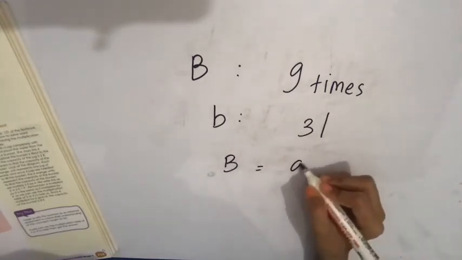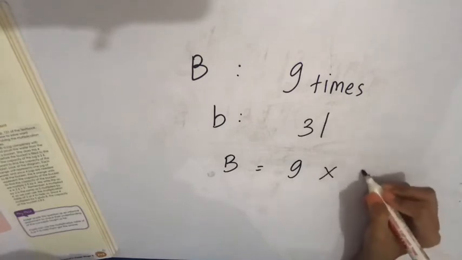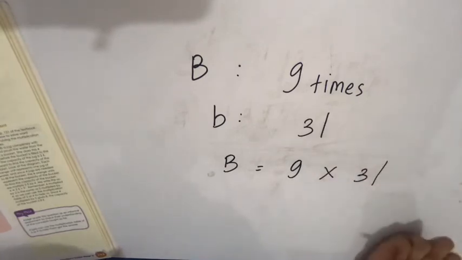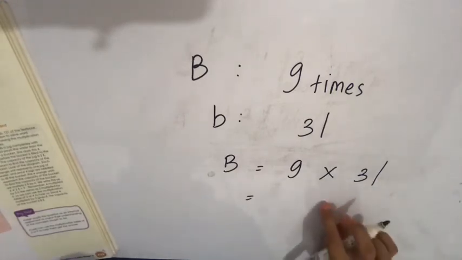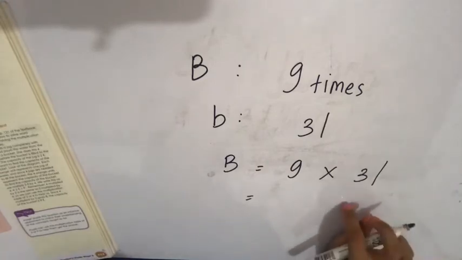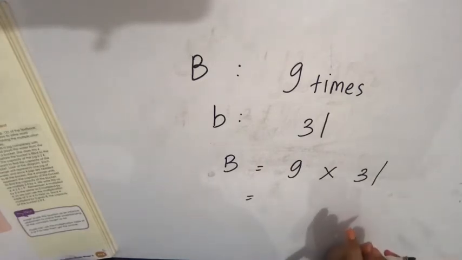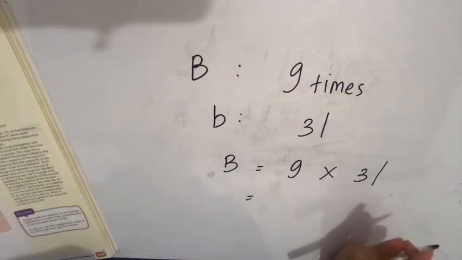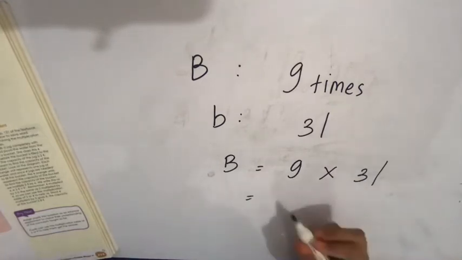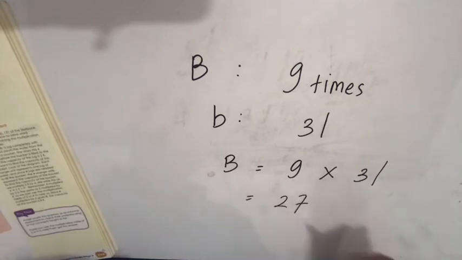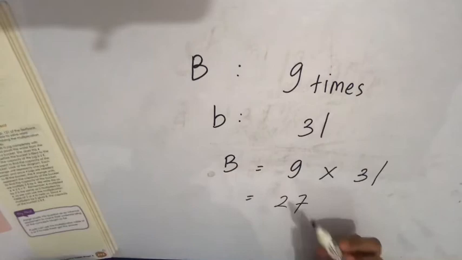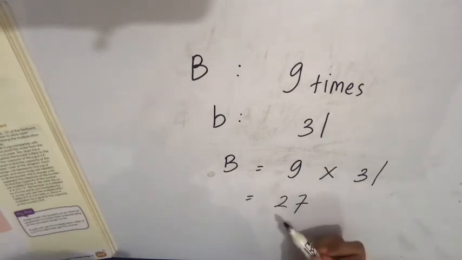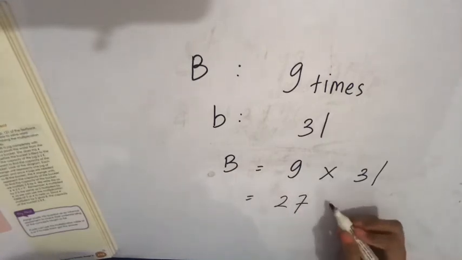So the capacity of the barrel is 9 times 3 liters. If you still remember multiplication, 9 times 3 means 9 added 3 times, so 9 times 3 equals 27. So the capacity of the barrel is 27 liters.